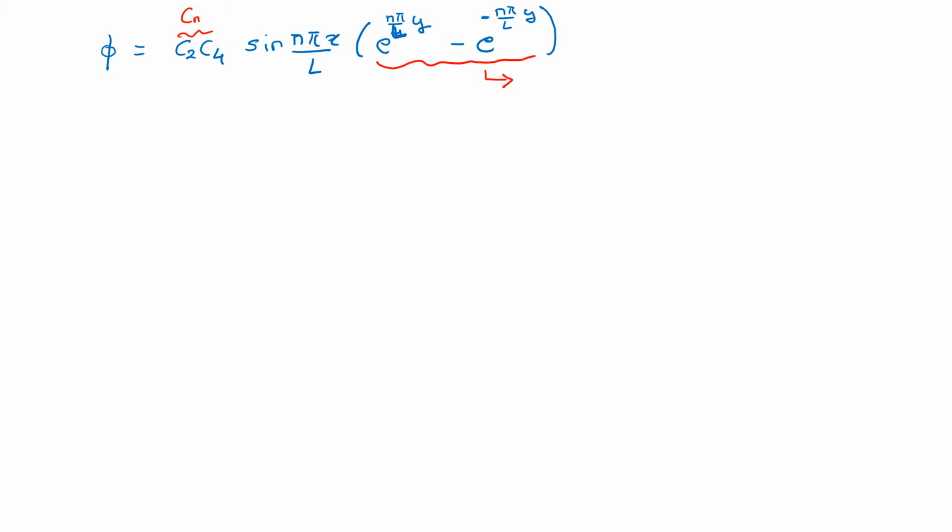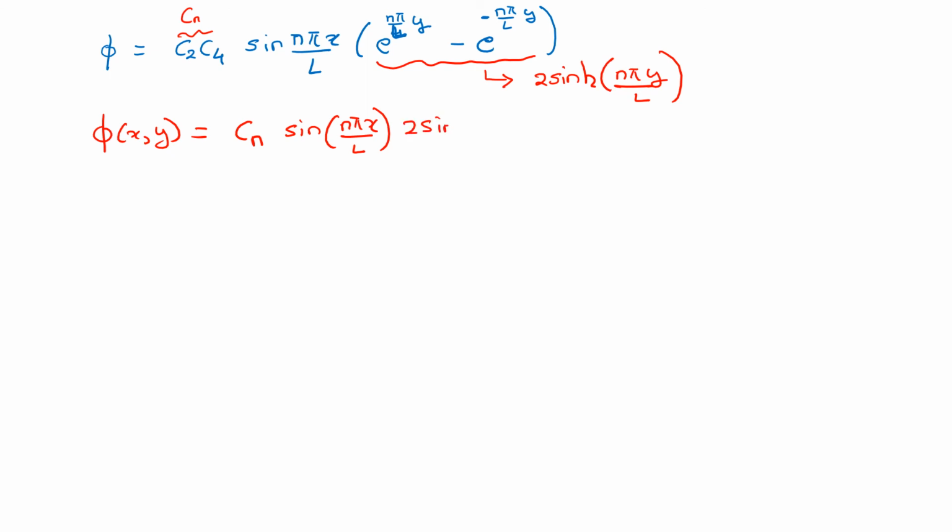So this can be written as 2 into hyperbolic sine of n pi y by L. This makes our phi as Cn times sine of n pi x by L multiplied by 2 times hyperbolic sine of n pi y by L. And let's merge this 2 into the Cn.